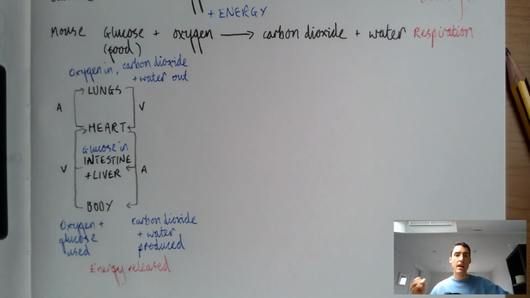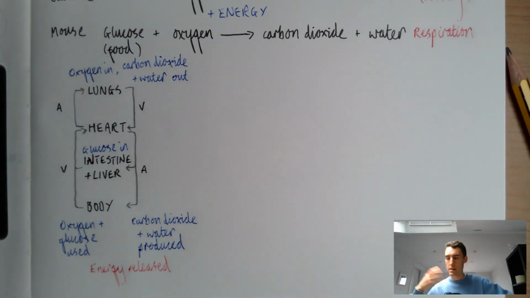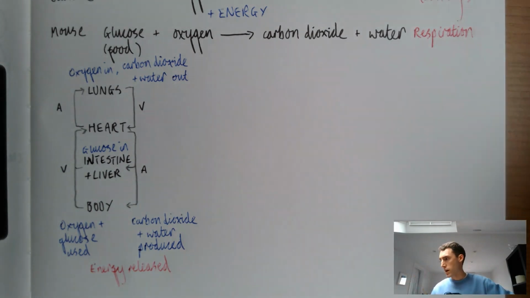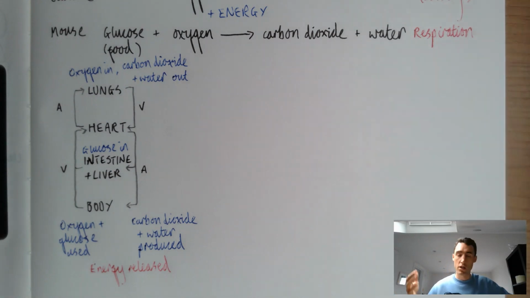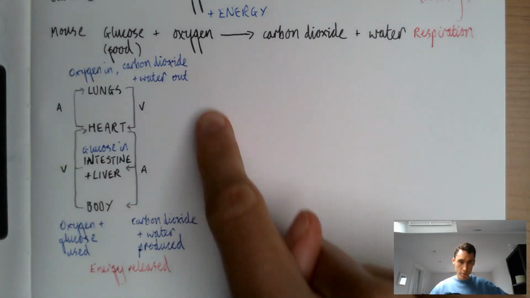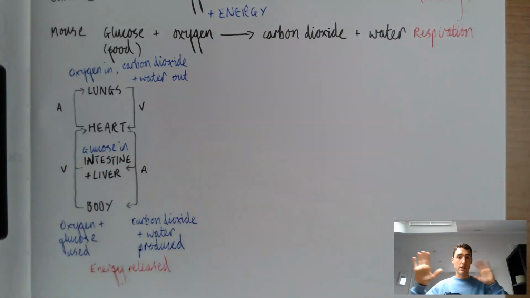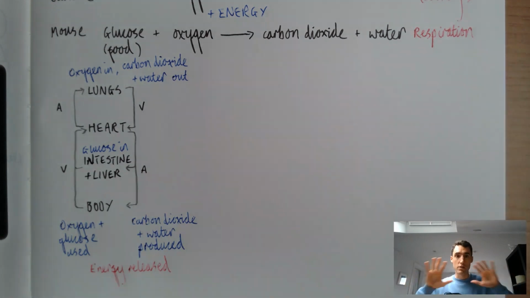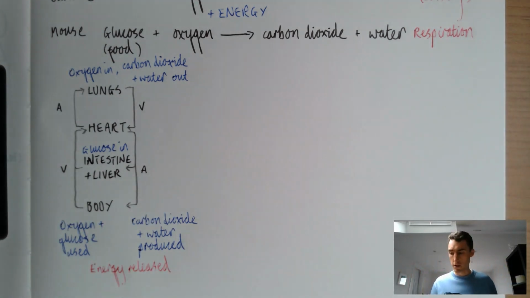Throughout this scheme, every time we look at adaptations of the alveoli, or what's going on in the small intestine with the villi, or why veins have valves but arteries don't, and so on, we're always going to refer back to this picture so that students have a clear sense of how everything fits together. And that's what's going to give them a really thorough knowledge, and it's also going to help them remember it better because they've got this really clear conceptual framework.